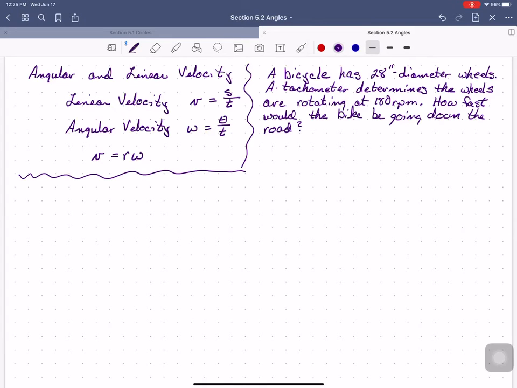Okay, so let's take this apart piece by piece. I've got a circle with a diameter of 28 inches, which means that my radius is 14 inches.